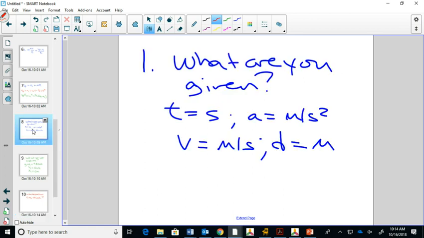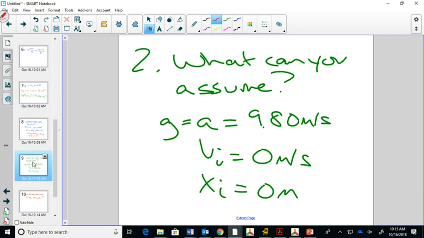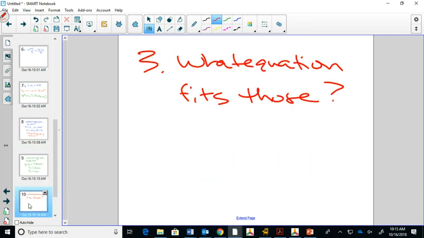So, what are you given? And I would also say, what are you trying to find? Okay, so what are we given? What are we trying to find? What can you assume? And then what equation fits those pieces?